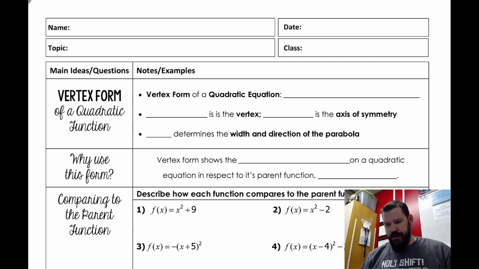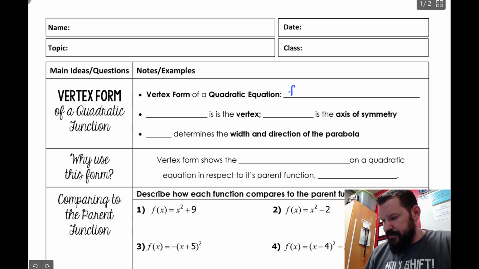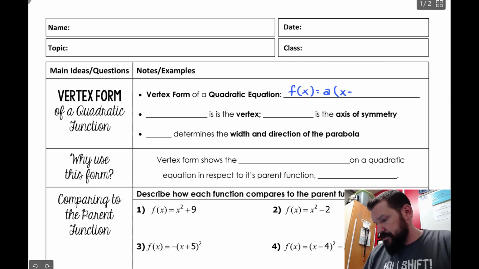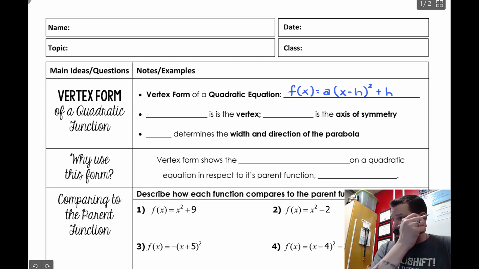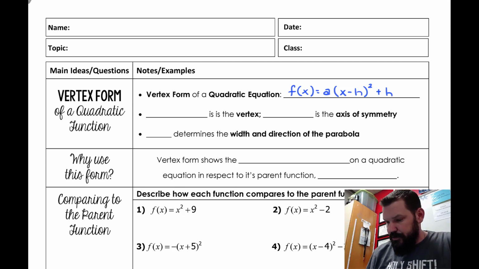So you can see what we're talking about here, vertex form of a quadratic function. The vertex form of a quadratic is expressed as f of x equals a times (x minus h) quantity squared plus k. And we represent our vertex as (h, k).